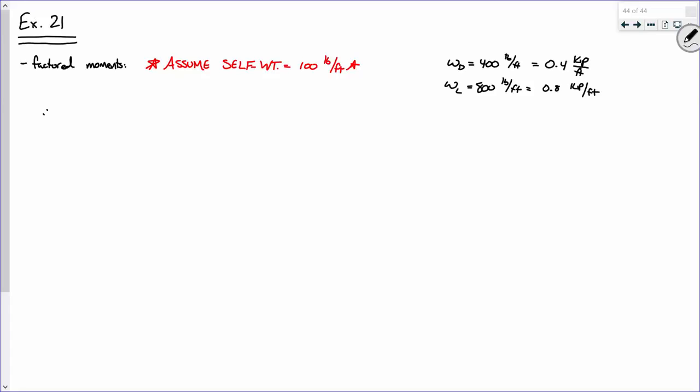So therefore, our factored load, got to add that self-weight.